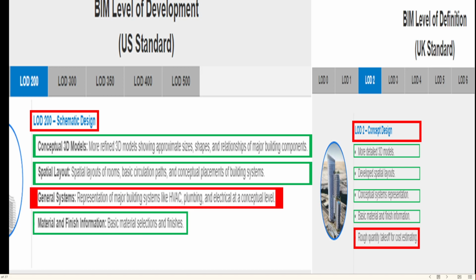The MEP systems are only included in the US standard at the conceptual level, and the rough quantity calculations are only included in the UK standard.